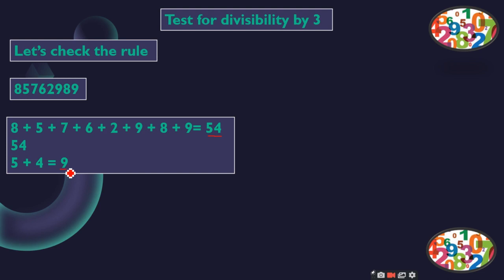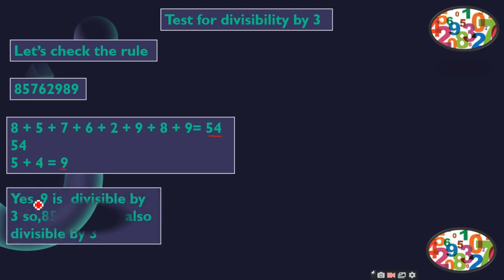Now we have 9 and we can easily find that 9 is divisible by 3. So yes, 9 is divisible by 3. So 8576298 is also divisible by 3. You can repeat this process till you find the simplest number.